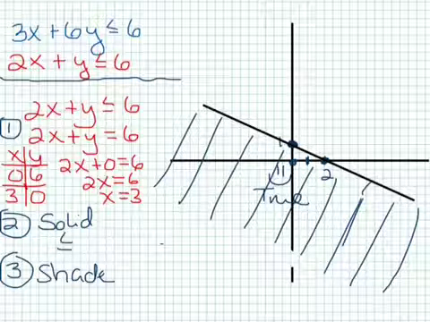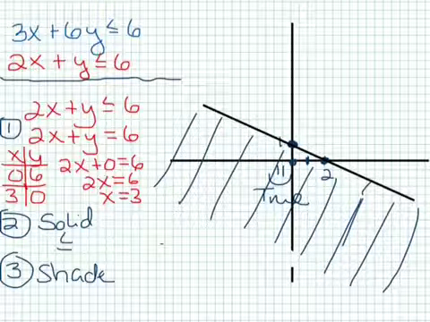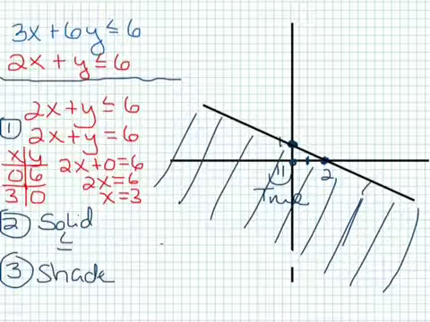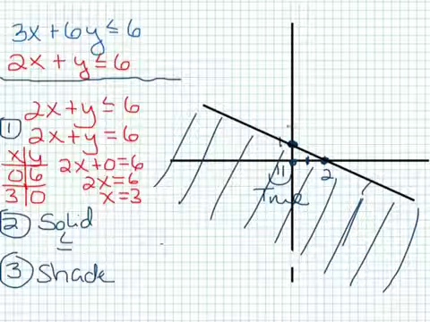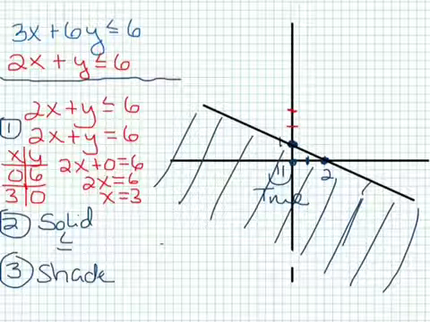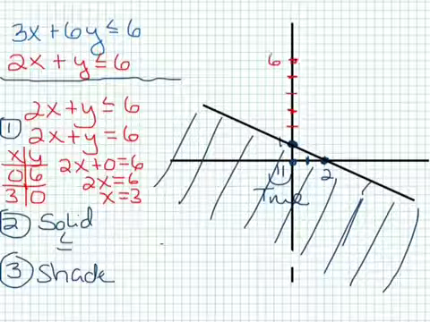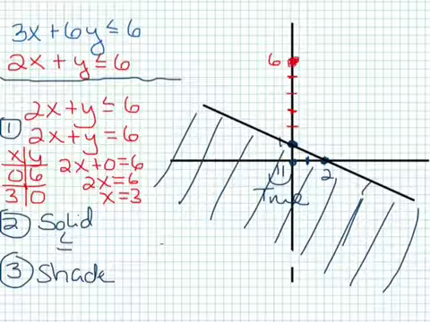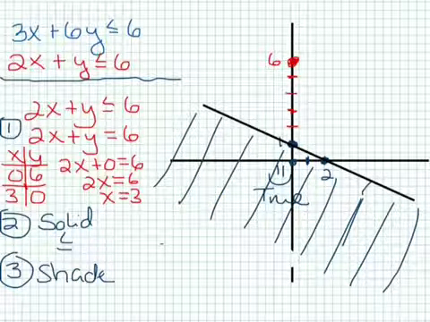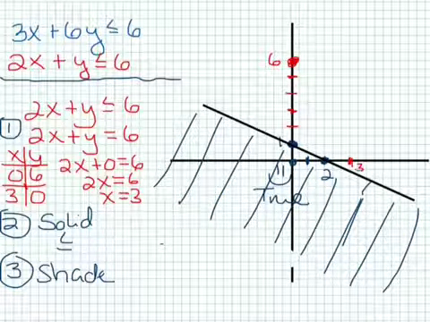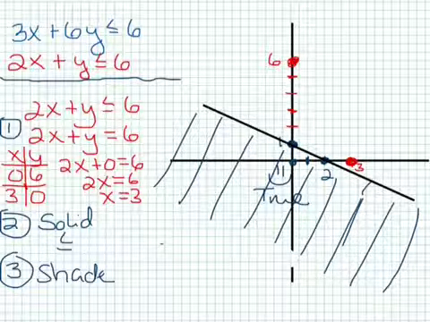Okay, so now I'm going to plot those two points. So I have x equals 0 and y equals 6: 1, 2, 3, 4, 5, 6. And x equals 3 and y equals 0 is down here.